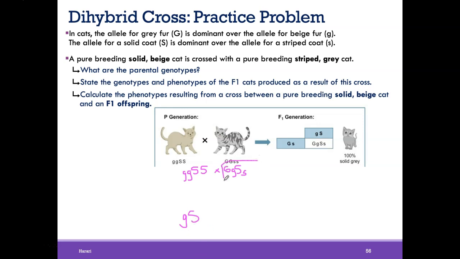But this one over here, big G little g, big S little s, the F1 can make 4 different types of gametes. And remember FOIL. It could be the first letters, big G and big S, right? And again, this is because of mixing and matching, just like we saw with independent assortment. This big G can go with the big S, or this big G can go with the little s.